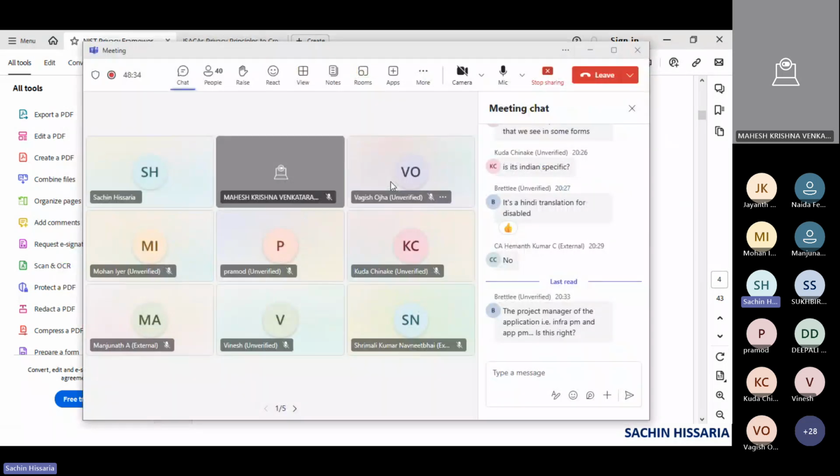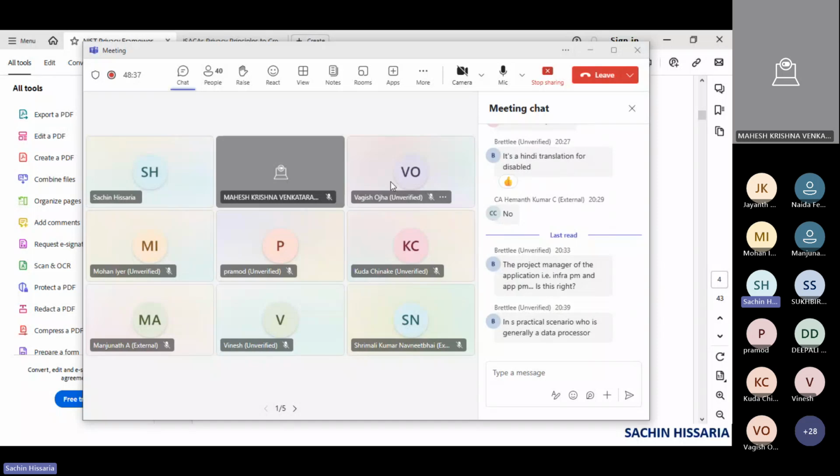So the objective of the webinar was just to give you an overview of data privacy. I hope you are able to understand from the broader perspective what the objective of the data privacy frameworks is.